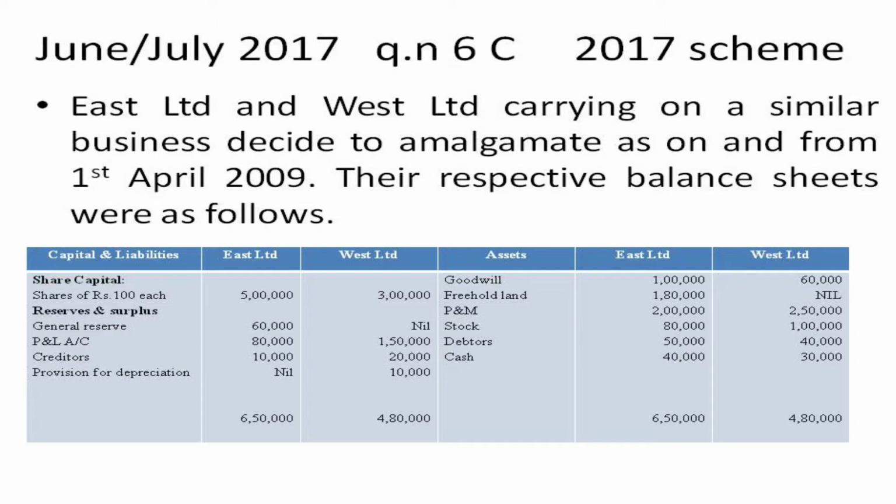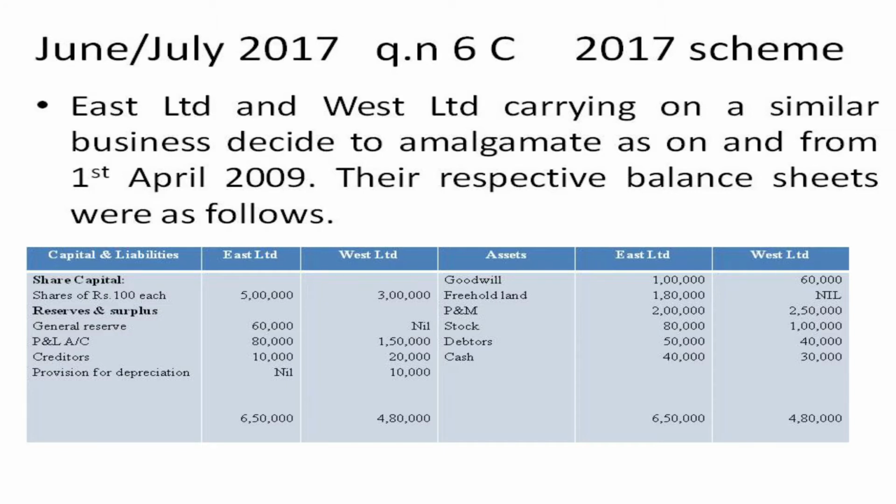Current liabilities they have mentioned. Then fixed assets, current assets, and loans and advances they have given. And the total on both sides for East Limited is 6,50,000 and for West Limited is 4,80,000 rupees.